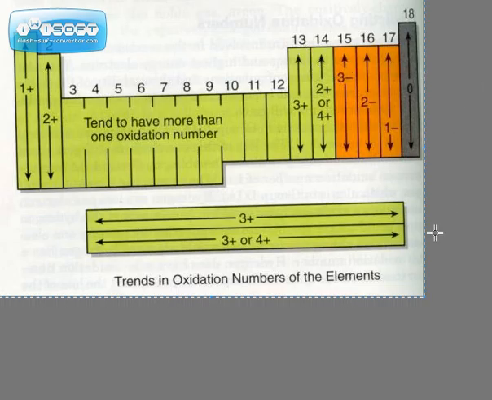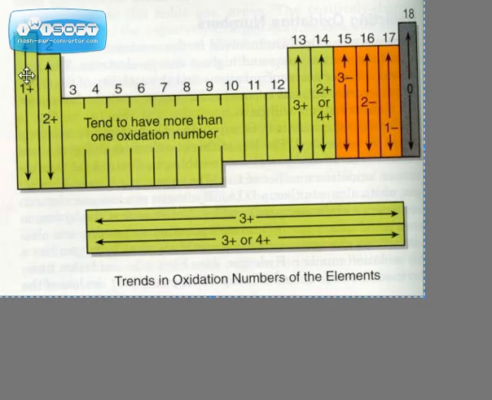You'll notice that we have many different columns that we call families or groups. If you look at group 18, the charge is 0 because these are the noble gases. The noble gases are already happy the way they are. They have all the electrons that they could possibly want. And electrons are really the driving force when it comes to bonding.